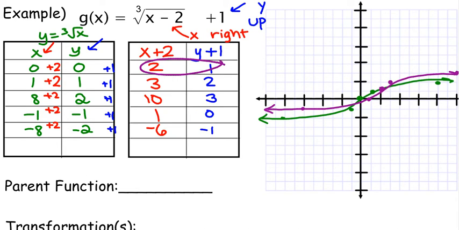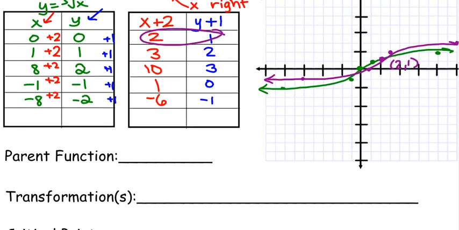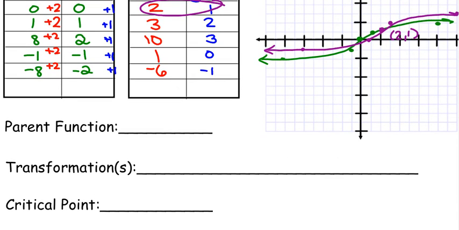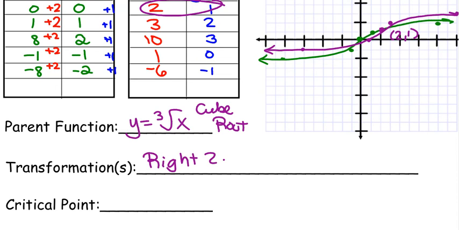This is our critical point, 2, 1. All right. So our parent function was the cube root of x. There are 2 transformations. We went right 2 and up 1. Critical point 2, 1.